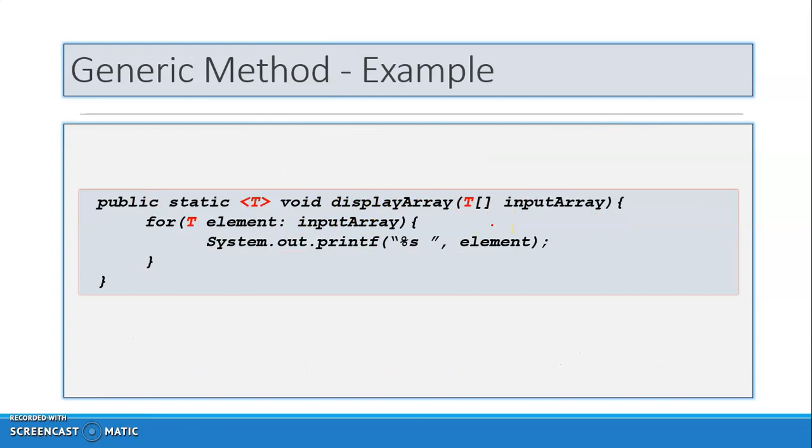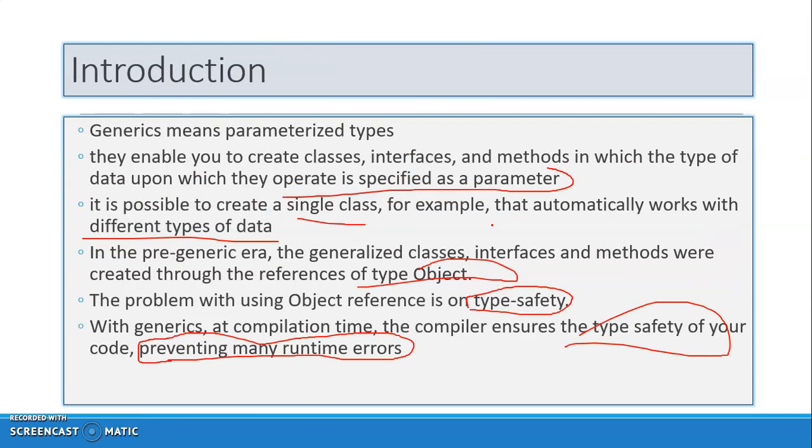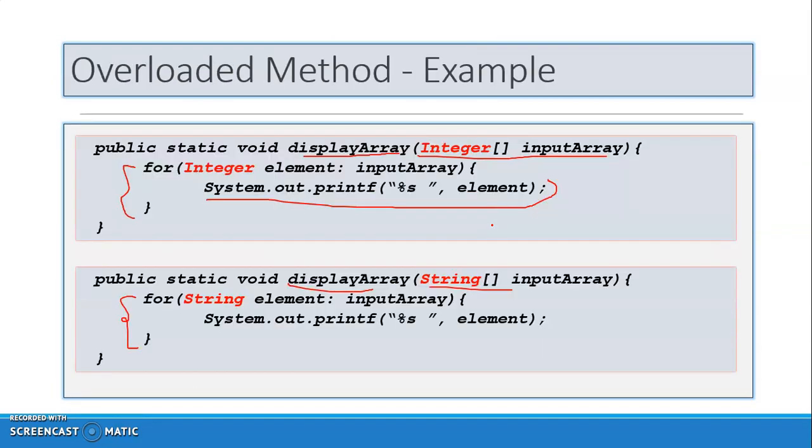Here is an example. It's the same example that we've been using when looking at overloading functions. Here we had a method displaying the elements of an array. It received an array and we specified the data type, an array of integer, and we were displaying them. We had the integer here and the integer here.